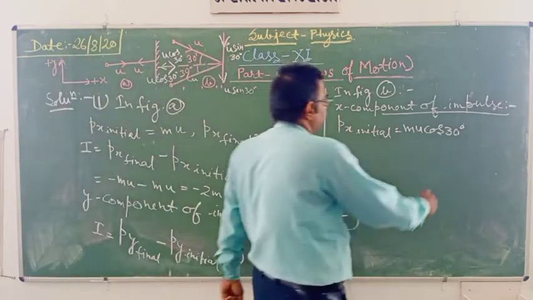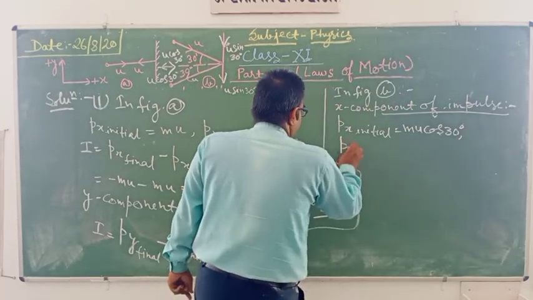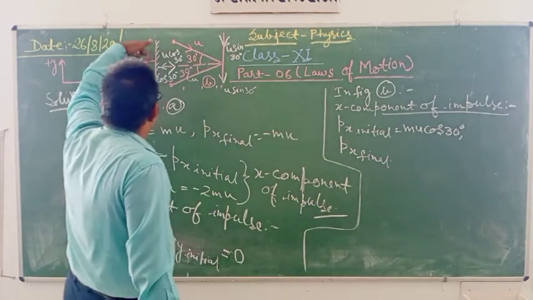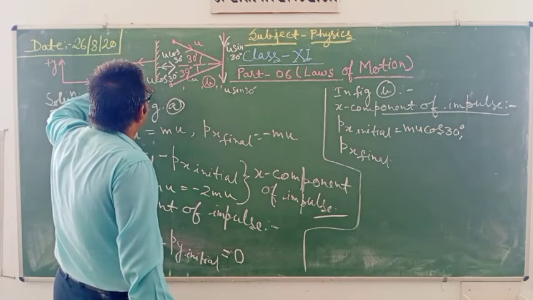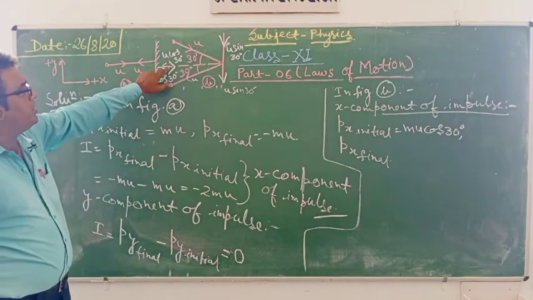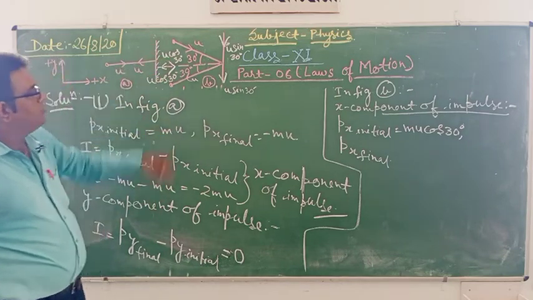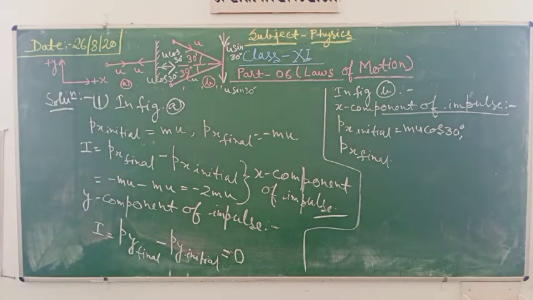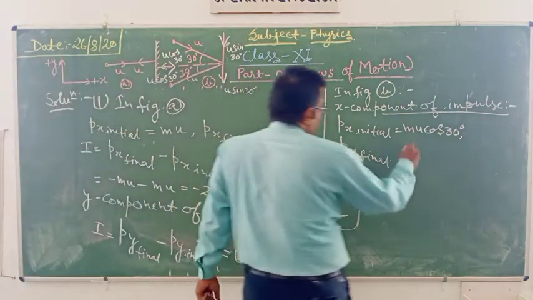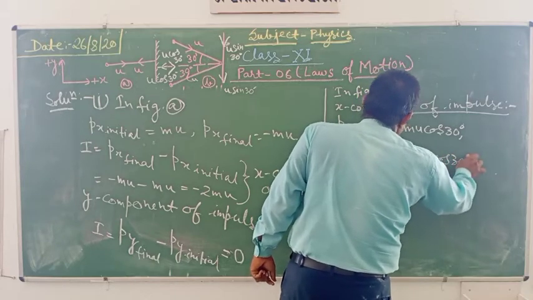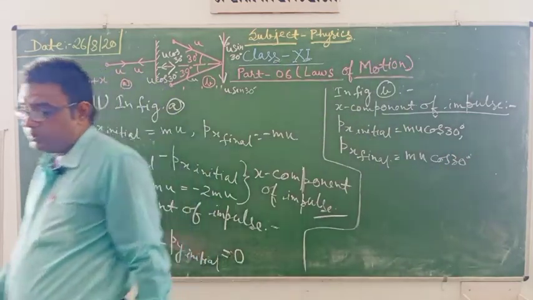And Px final, the final momentum, this is the x component of the initial momentum, and this is the component of velocity, the final velocity u just after rebounding. So Px final is equal to minus mu cos 30 degree.